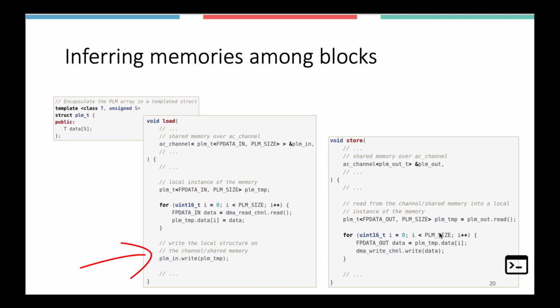The same applies for the store phase, where we read the output PLM into a temporary copy and use this copy to transfer data back to memory. In both cases, the temporary copy will not be present in the generated RTL, and there will be only one shared memory structure between the top module and the submodules.